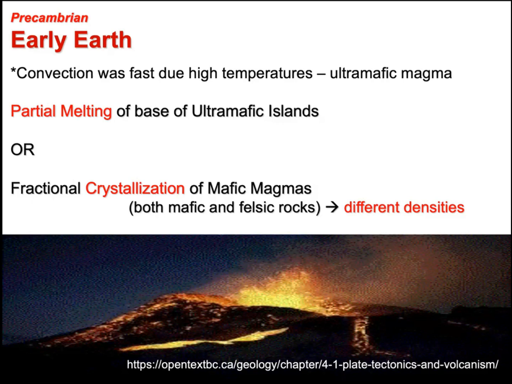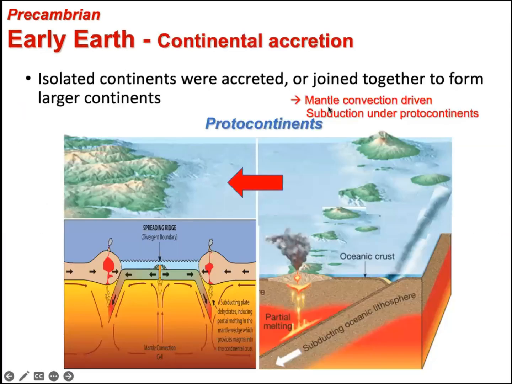One part crystallizes, making some solid materials, while the rest of the liquid remains, but its composition is different than the previous stage. So this is fractional crystallization, which makes both mafic and felsic compositions. Felsic means silica rich, mafic means magnesium rich. And of course, because of this chemical contrast, they will have different densities. This happened during the early Earth and continued with time.